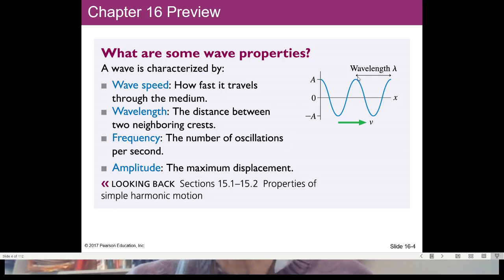Wavelength is the distance between two neighboring crests or troughs or any two points that correspond, just as we had for the harmonic oscillator. Frequency is the number of oscillations per second, exactly the same as for the harmonic oscillator. And amplitude is maximum displacement, again exactly what we had for the harmonic oscillator.